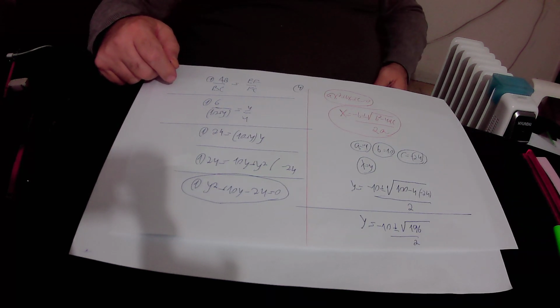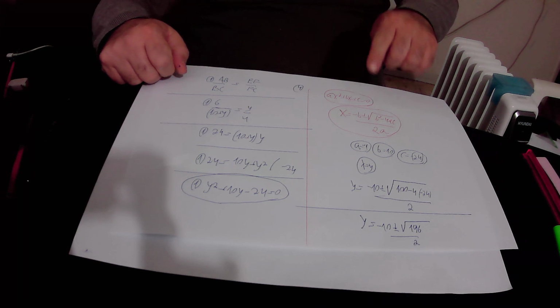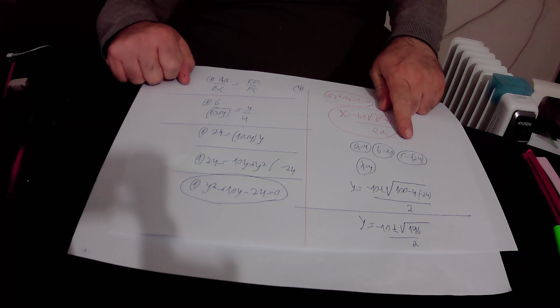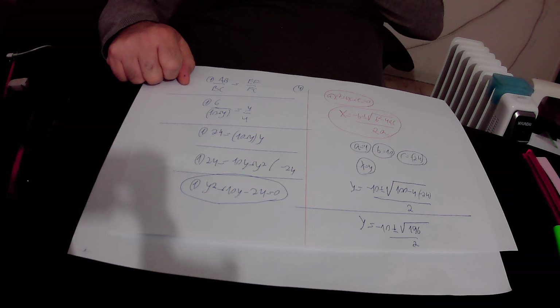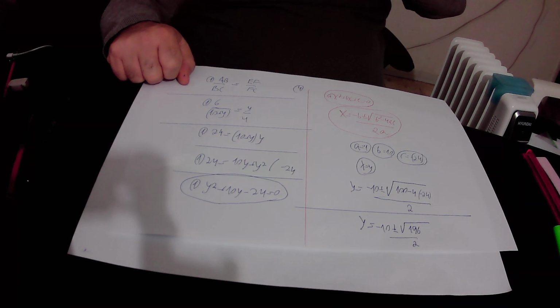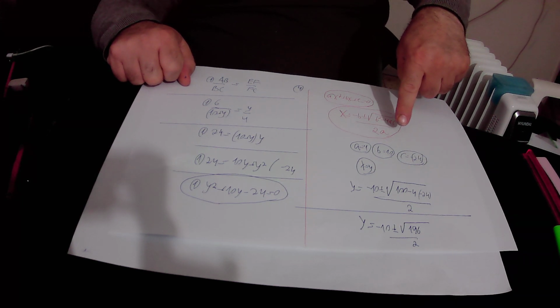We have here a quadratic equation, and in our specific quadratic equation, the coefficient a equals 1, the coefficient b equals 10, and the coefficient c equals minus 24. We put the data inside the formula for x, and we got that y equals minus b plus or minus the square root of b squared minus 4ac, all over 2a.